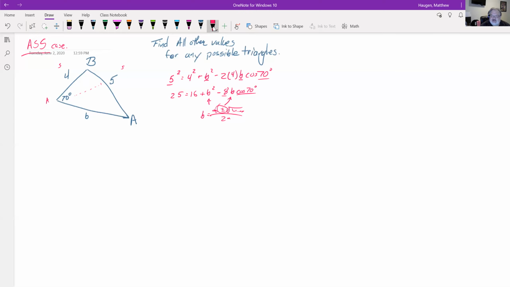But what I want to illustrate is the fact that this ambiguous case, the fact that we get these 2 answers, isn't a flaw in the law of sines. It's a flaw in the information that we're given. The fact that this angle side set of information is by its nature ambiguous. The law of sines just shows us that ambiguity and allows us to find the possible answers based on that ambiguity.